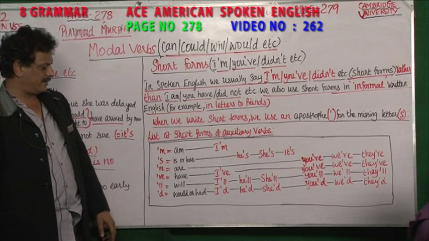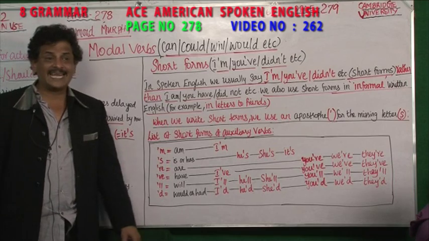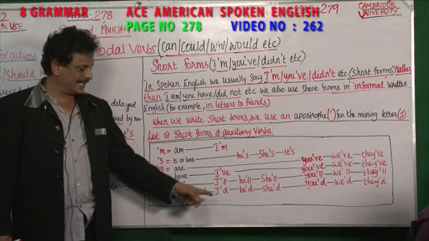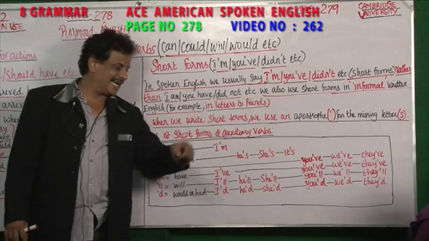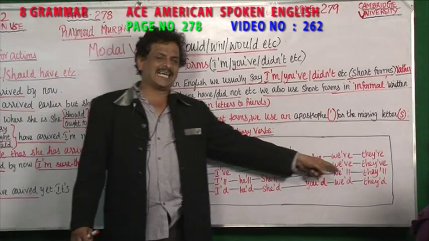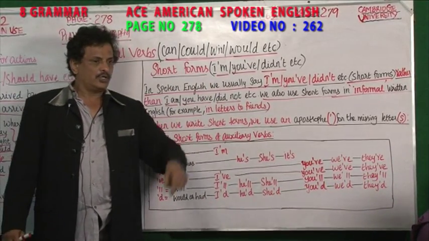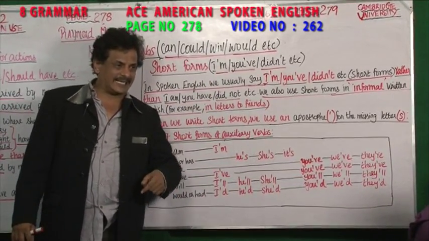Apostrophe double L means will: I'll, not I will, I'll come. He'll come, she'll come, you'll come, we'll come, they'll come tomorrow, not they will come tomorrow; no, they'll come tomorrow.